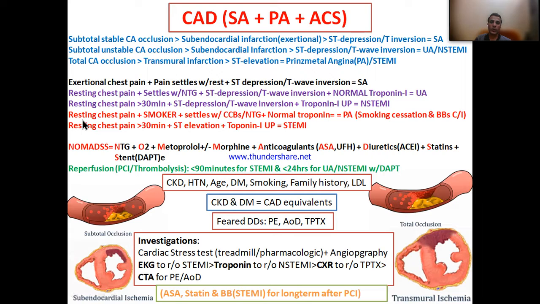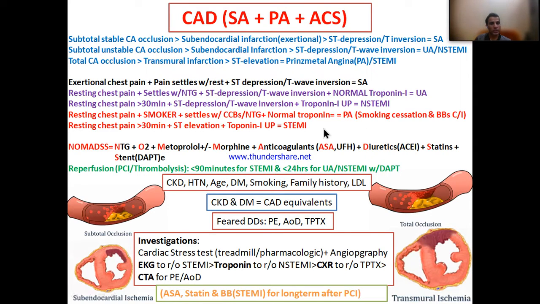If there is resting chest pain and the patient is a smoker and the chest pain settles only with calcium channel blockers or sublingual nitroglycerin, and there is ST elevation on the EKG but the troponin level is normal, we are dealing with Prinzmetal angina.